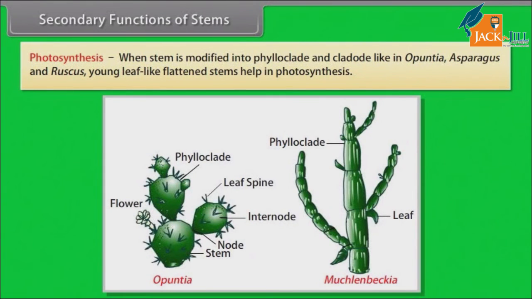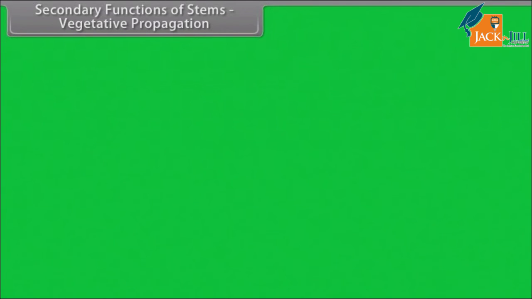Photosynthesis. When stem is modified into phylloclade and cladode, like in Opuntia, Asparagus, and Ruscus, young leaf-like flattened stems help in photosynthesis. Secondary functions of stems. Vegetative propagation.